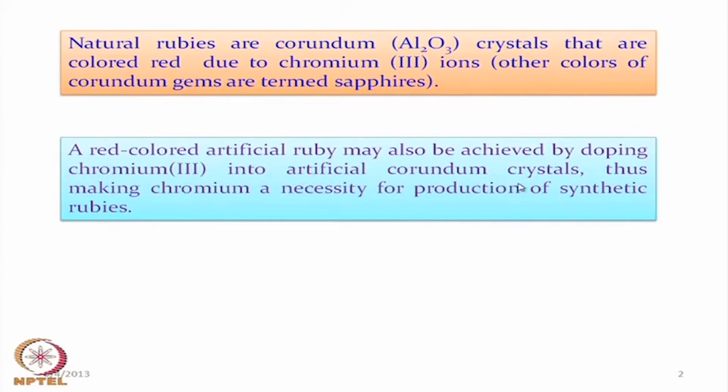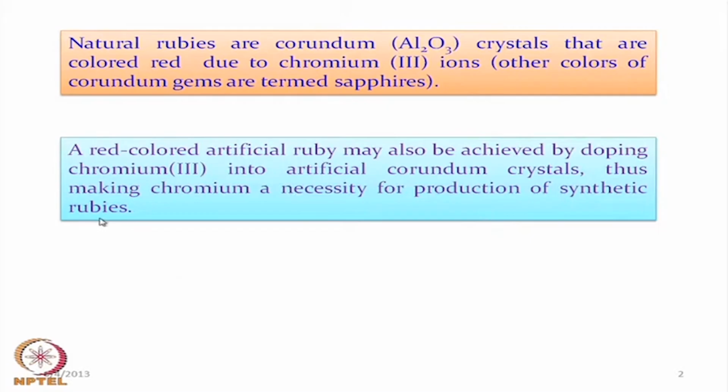So in the laboratory, if the available corundum is not naturally occurring, we can artificially dope chromium 3 into artificially prepared corundum crystals, and thus we are able to make the corresponding ruby, which can be prepared in the laboratory in a synthetic way.